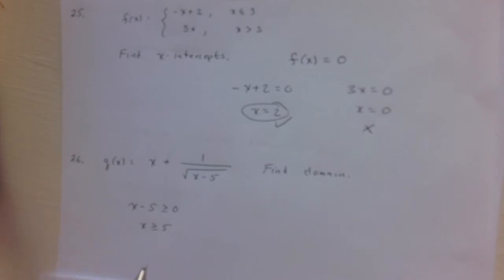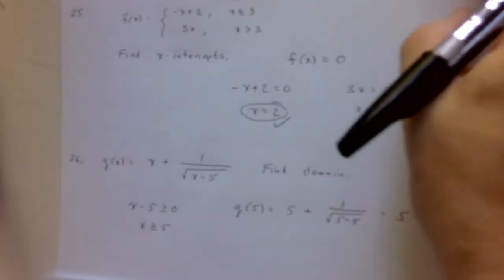And some of you are saying, okay, well, this is the domain. The problem is you can't let 5 be in here because this square root is also a denominator. And if you try to compute g of 5, that's going to be 5 plus 1 over the square root of 5 minus 5, which is 5 plus 1 over the square root of 0. Well, what's the square root of 0?